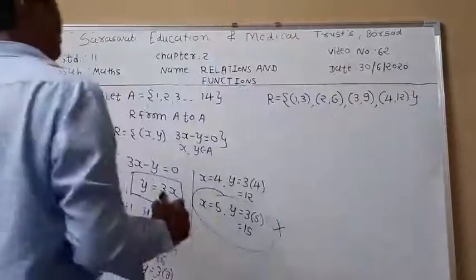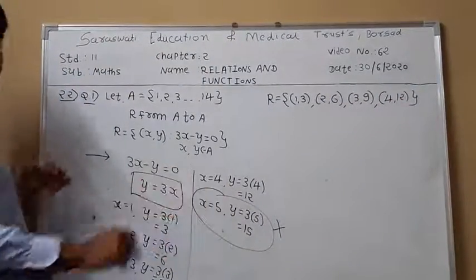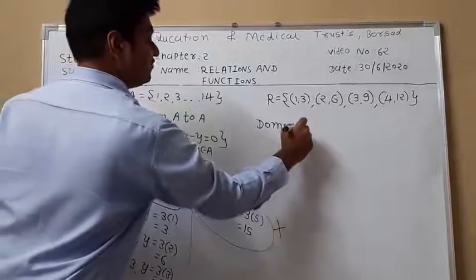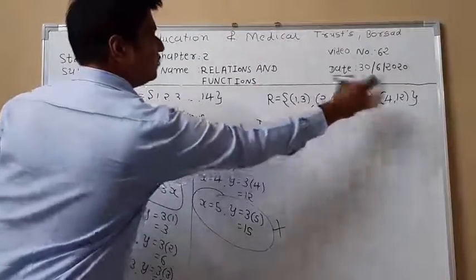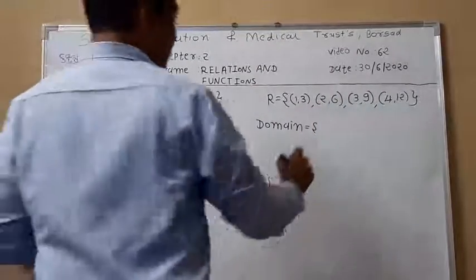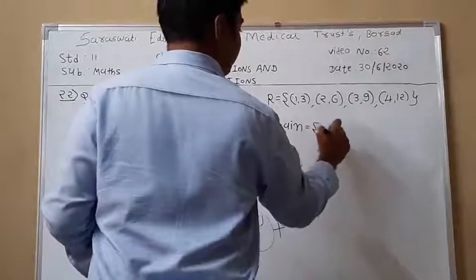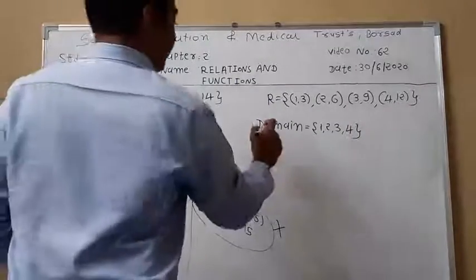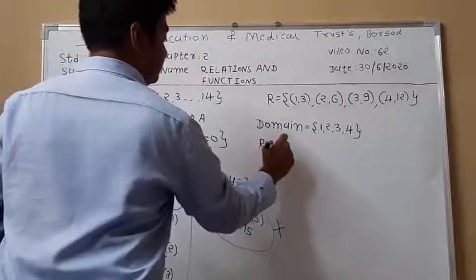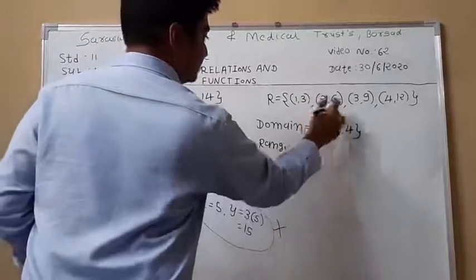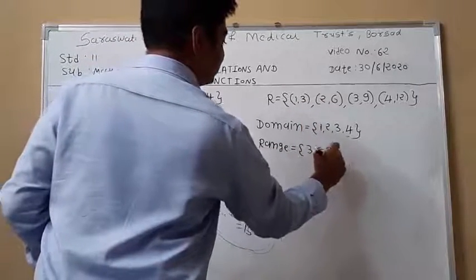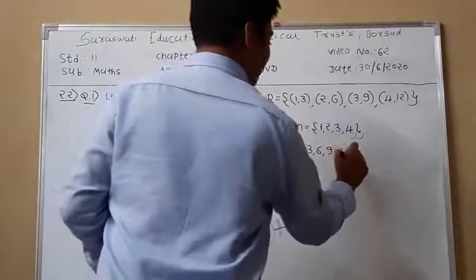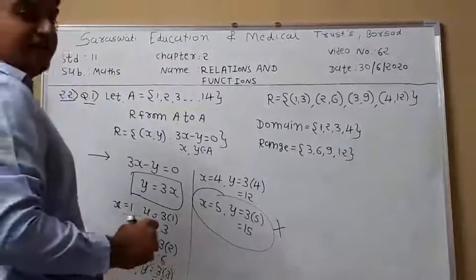Set. Now our question is to find the domain, range and codomain. So our domain is equal to the first elements of these ordered pairs. So here the first elements are 1, 2, 3 and 4. Range means the second elements of these ordered pairs, that means 3, 6, 9 and 12.